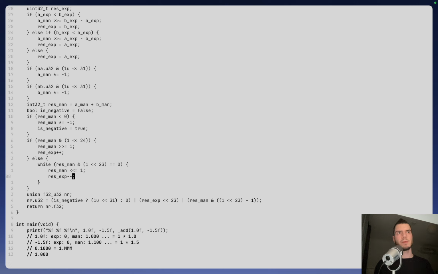Now, one thing we have to be careful with is if the resulting exponent is at the negative end of our range. We don't want to decrement our exponent past minus 126.